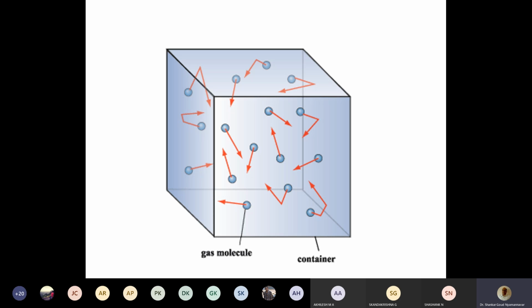This is how we get the thermodynamic properties of a material, by looking at the interactions at the microscopic level. That is called the microscopic approach for thermodynamics. Macroscopic is just studying the properties and figuring out the interaction between energy and material. As I said, Charles' law and Boyle's law are examples of the macroscopic approach, right?